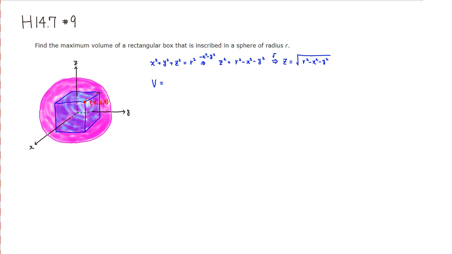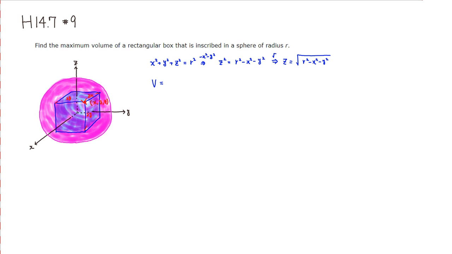The length of this side is going from y to negative y, so it's 2y. Then the height of the box is 2z.